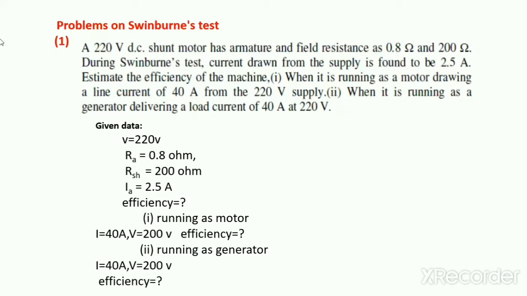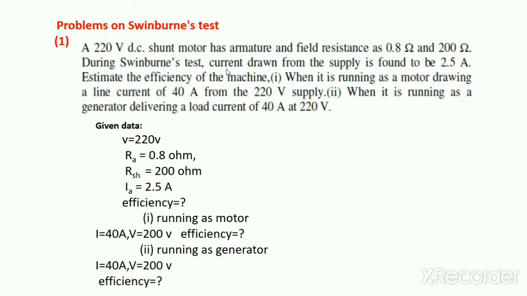Voltage is 220 volts, the armature resistance RA is 0.8 ohms, and the shunt field resistance is 2 ohms.